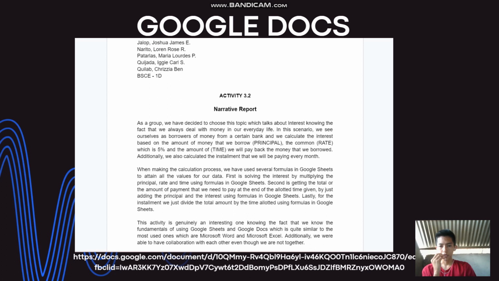This activity is generally an interesting one, knowing the fact that we know the fundamentals of using Google Sheets and Google Docs, which is quite similar to the most used ones, Microsoft Word and Microsoft Excel. Additionally, we were able to collaborate with each other even though we are not together.